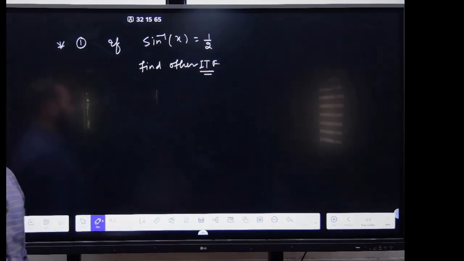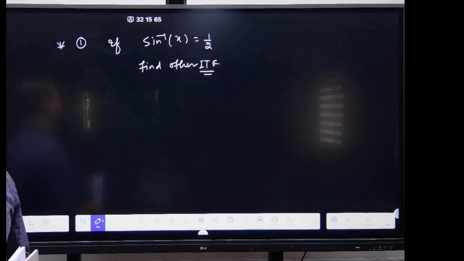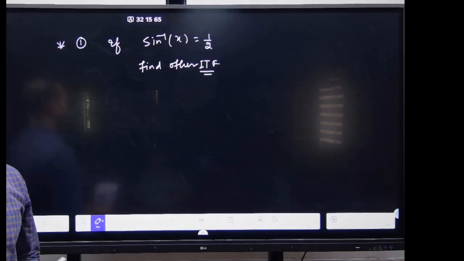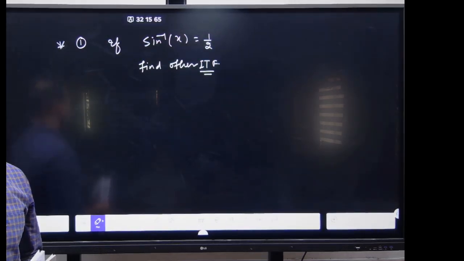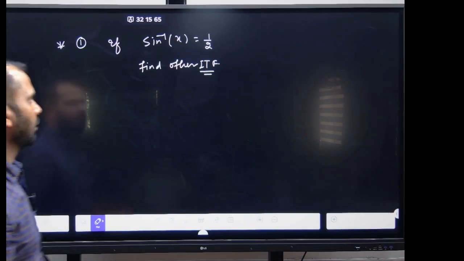Just see how to calculate. Sin inverse x is given as 1 by 2. What we have to do? We have to calculate other trigonometric functions, right. How to calculate?